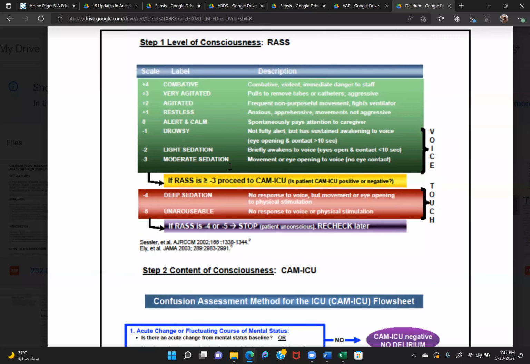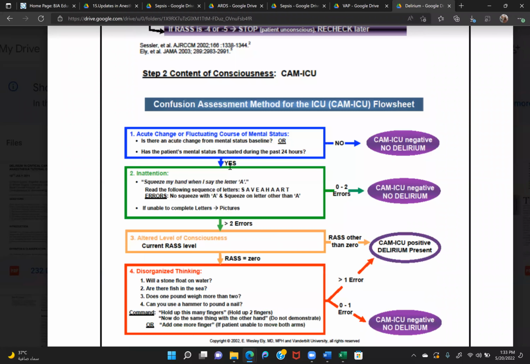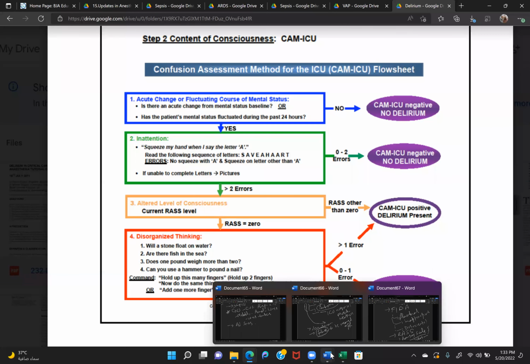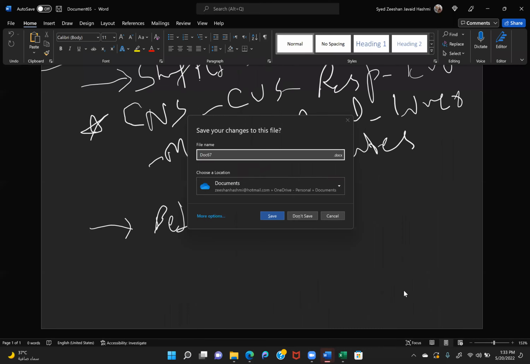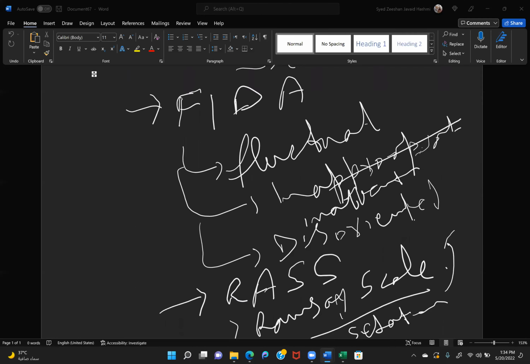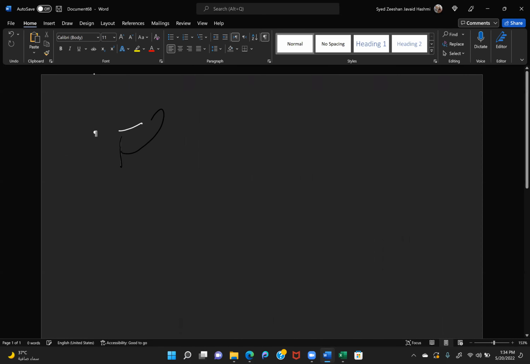FIDA, if you remember, we made this mnemonic. F is the fluctuating pattern, meaning the patient may sometimes be hypoactive, sometimes hyperactive. I is inattentive, D is disorganized thinking, and A is for altered sensorium.